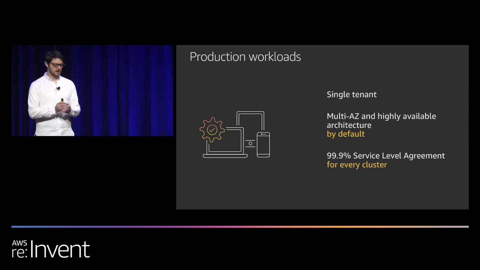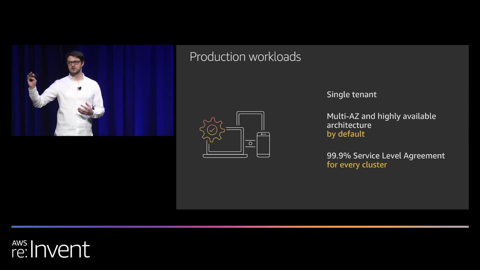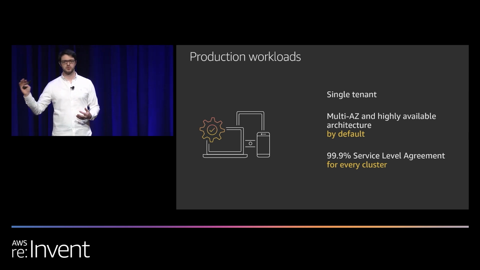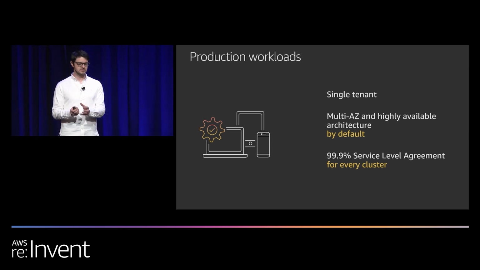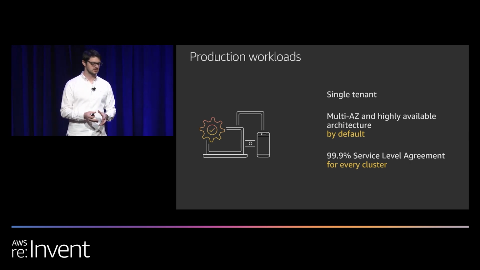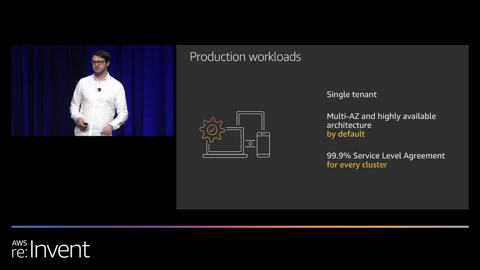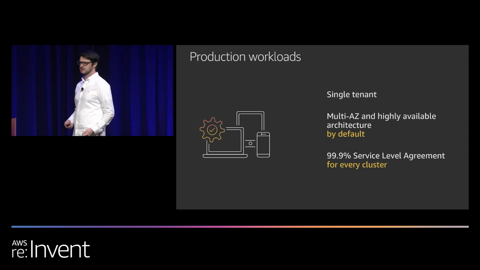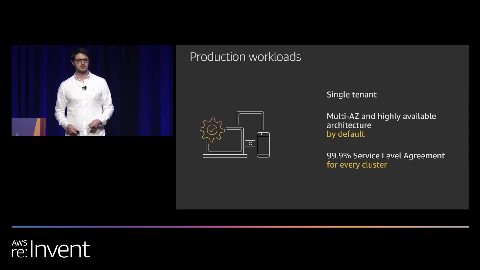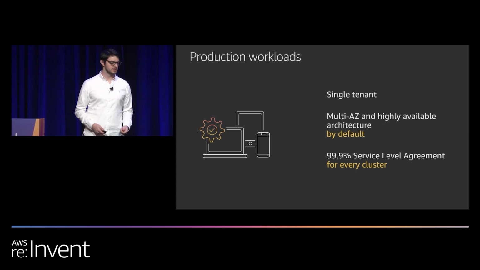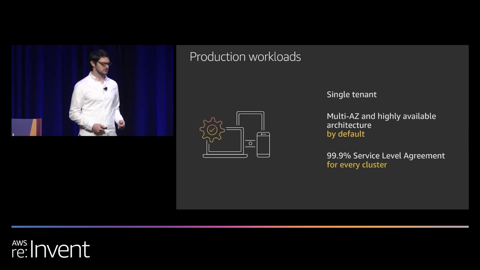So whether you're a startup or you're running large enterprise workloads supporting teams of hundreds or maybe thousands of developers, you should be able to start an Amazon EKS cluster and have it just work. This is super important for us. We actually offer a service level agreement. It's a legally binding agreement that we will have 99.9% uptime availability on that Kubernetes cluster endpoint.